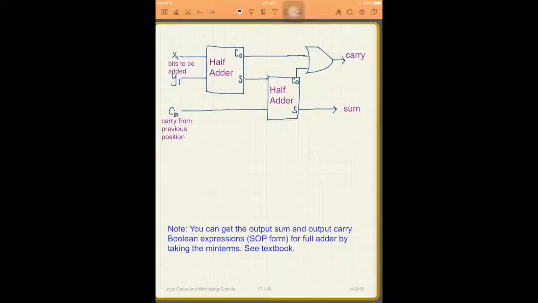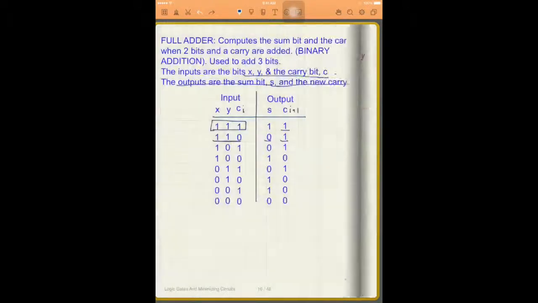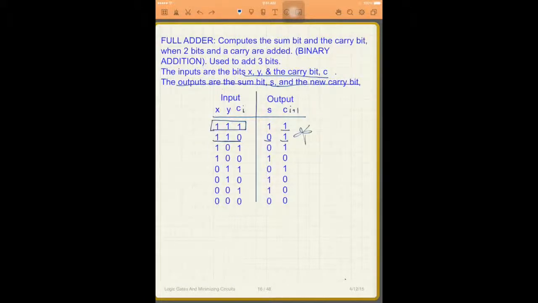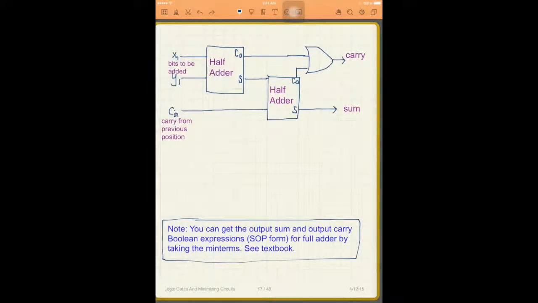So if I form the circuit here, I want you to first note that you can get the output sum and output carry Boolean expressions in the sum of products form for the full adder by taking those minterms from the truth table. So you can do that, and you can look at your textbook to see those output values.